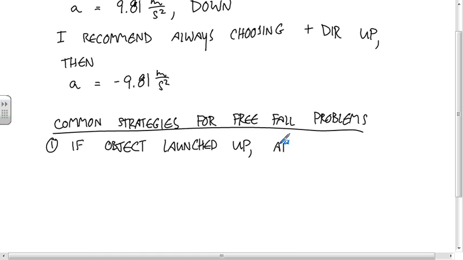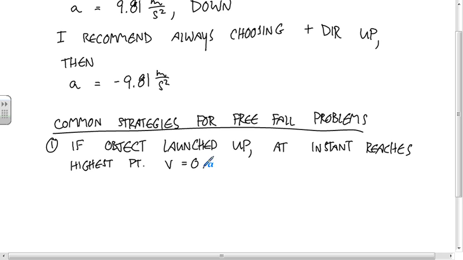At the instant it reaches the highest point, its velocity is 0. And we'll do some example problems where we use that fact.